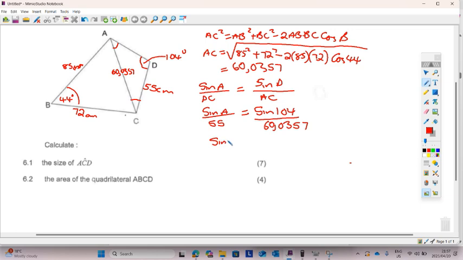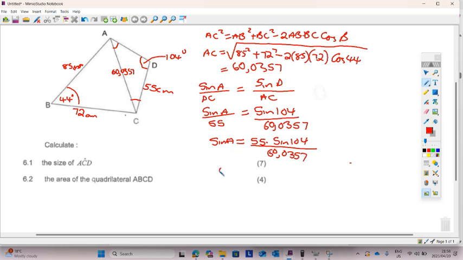Your 55 goes to the other side. We have sine A is equal to 55 times sine 104 all over 60.0357.